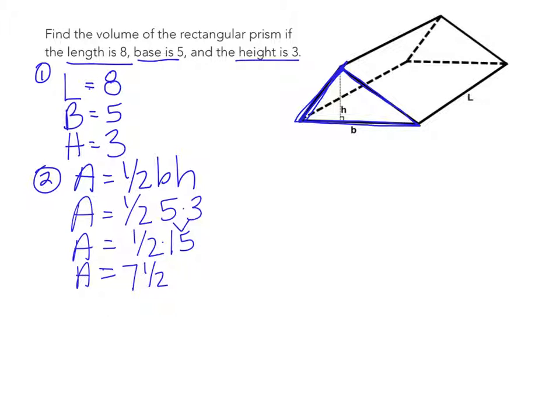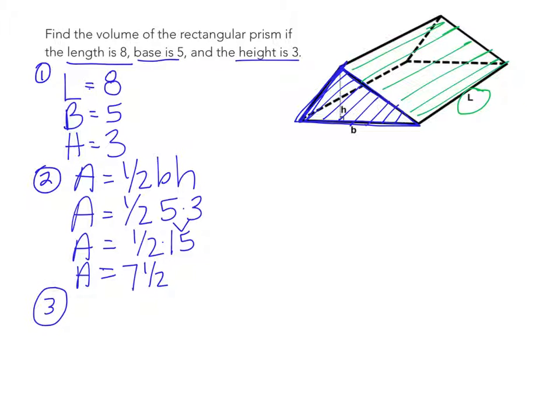Okay. Now, what I've done essentially is found the area of this triangle down here. Now I need to multiply it by the length in order to get the full volume. So, looking back at my problem, I see the length is 8. Okay, so I'm going to take my previous information and plug it into another formula.